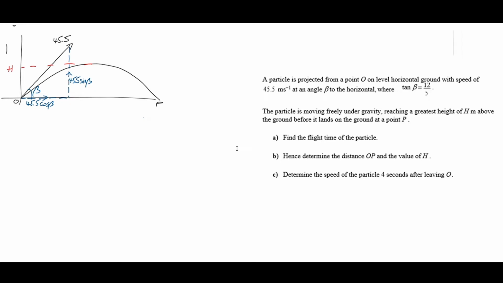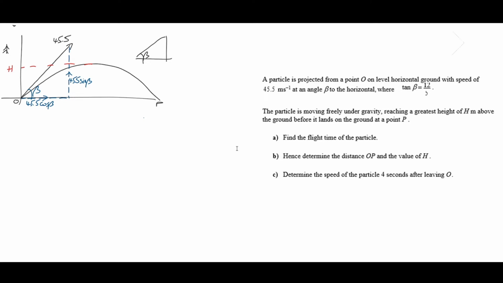As usual, anytime we're not told the angle, but we are given a trig expression of the angle, such as tan beta equals 12/5, we want to use that not to solve for beta, but to find exact values for sine beta and cosine beta. So let's just set up a triangle here. Here we have beta, and we know that tan beta is 12/5, which means the opposite should be 12, and the adjacent is 5.